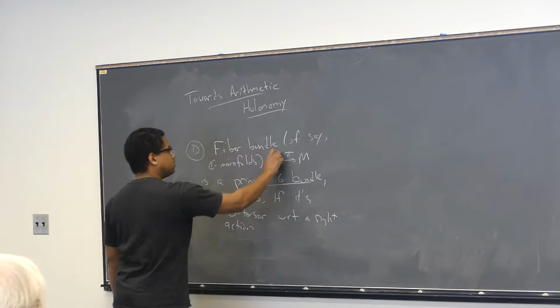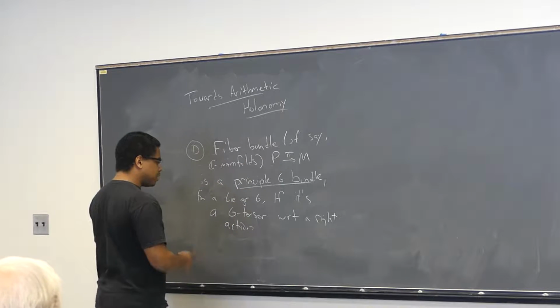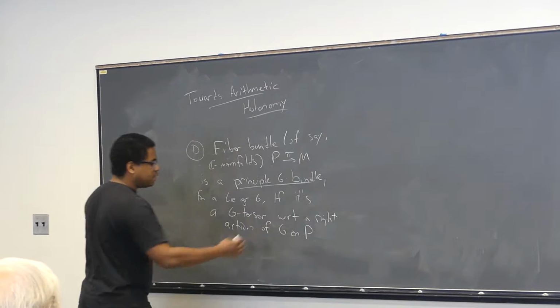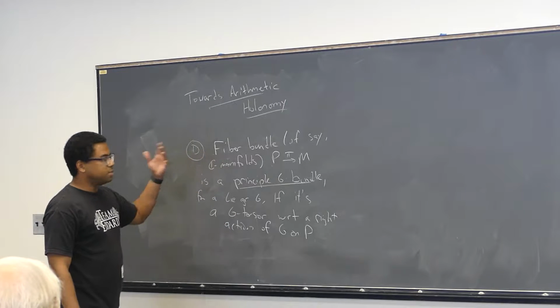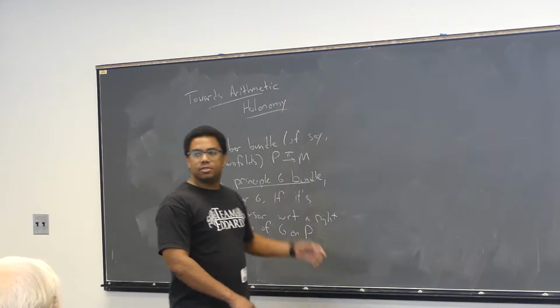It's a G torsor with respect to a right action of G on P, and this action is a morphism in the appropriate category if I choose to change category from C manifolds to something else.